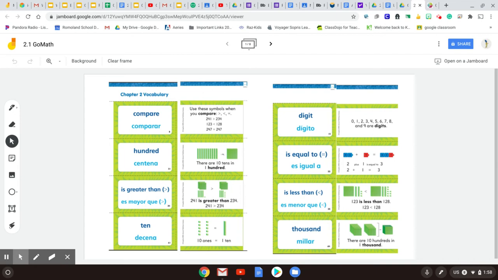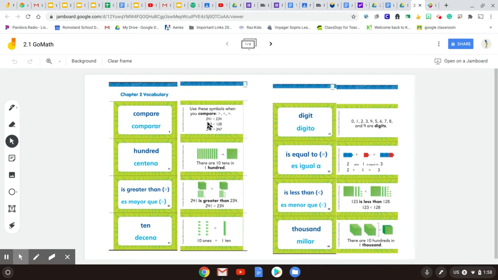Reyes. I'm on page 58 of chapter 2. I'm going to quickly go over the vocabulary, and I've already taken all the words and put them with the definitions. So the definitions are on the back page of your paper. Some of these we've already seen. Compare. So we have these symbols right here, greater than, less than, and equal.